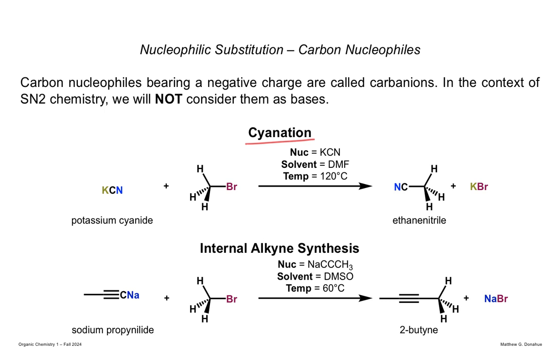And so that's going to introduce the nitrile functional group into the molecule. So potassium cyanide will displace the bromine, do the substitution, and now you've introduced the nitrile.